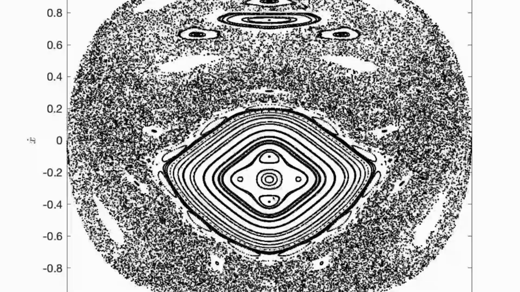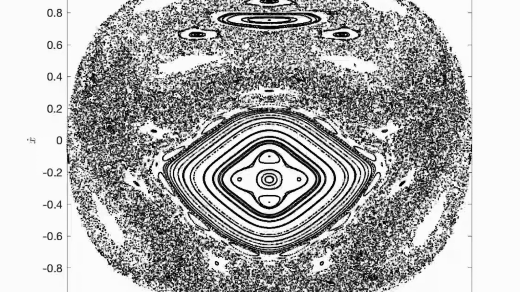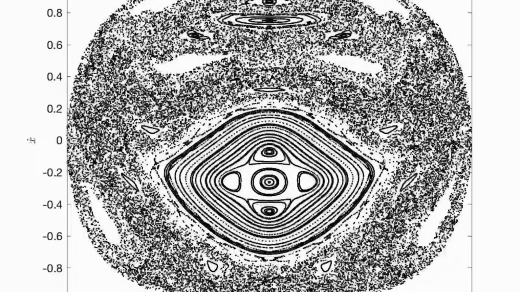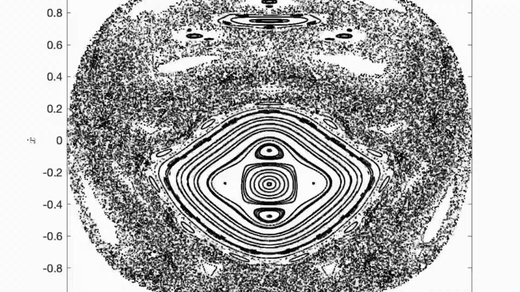Looks like we end up with a 4-to-1. Around here is something like a 9-to-1, maybe a 10-to-1. Actually, it looks like an 11-to-1 actually. So you can get all kinds of crazy high dimensional internal resonances, which damping would tend to kill out.